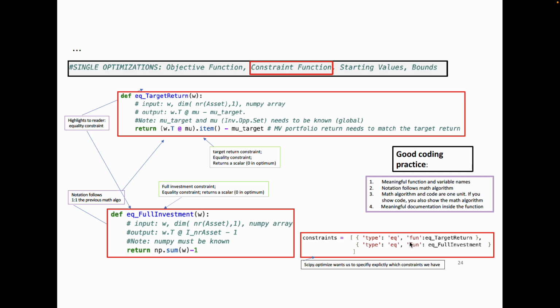And then in quotes fun, SciPy wants the function, and now I'm assigning the function here, EQ underscore target return, which is this one here, and this one down there. The ordering doesn't matter, because both constraints will be tried to be fulfilled. So it doesn't matter which constraint I put in first. Okay, I think we stop here, and then after the break, we are going to continue.